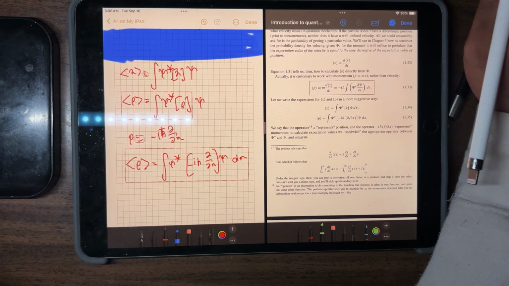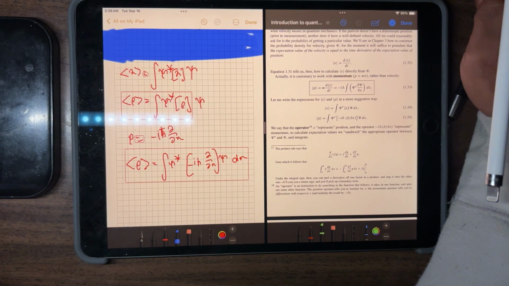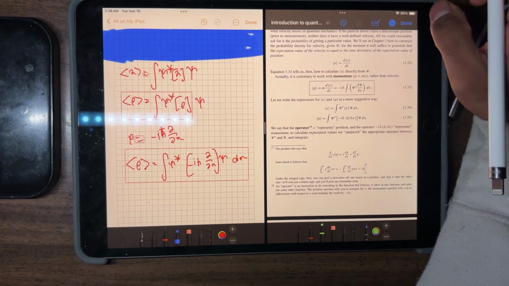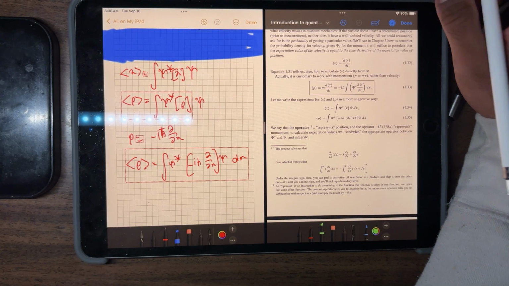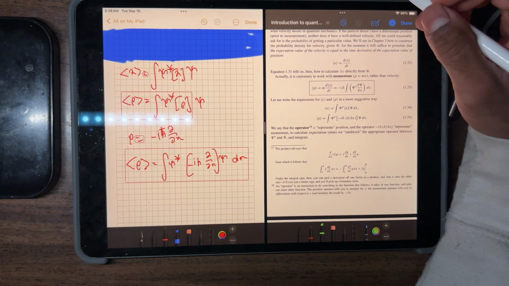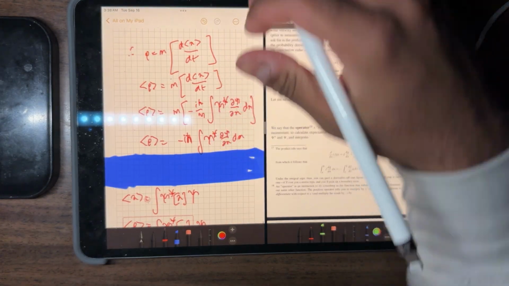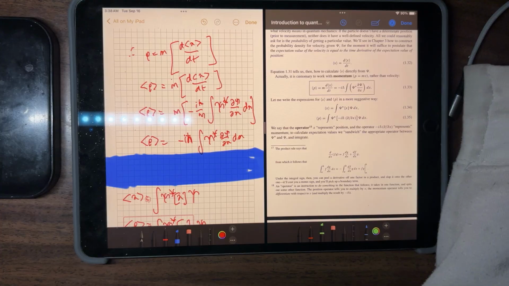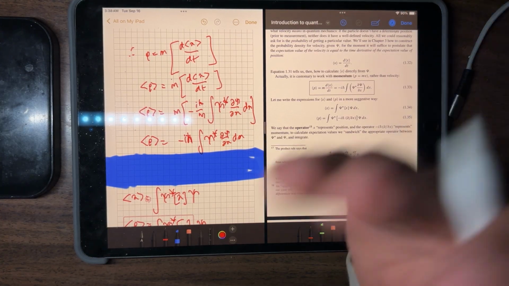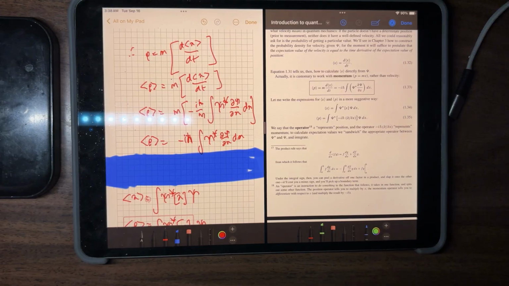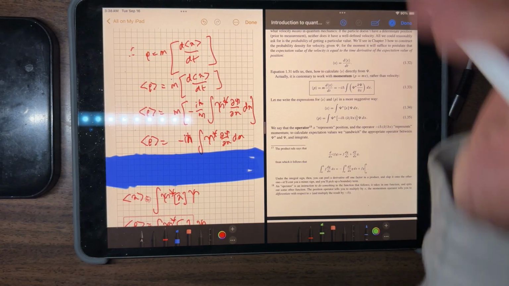The only reason we have curl by curl x is because here p is equal to mv, right? And v has a wave function. p itself has a wave function, v itself has a wave function, which is d expectation value of x by dt.